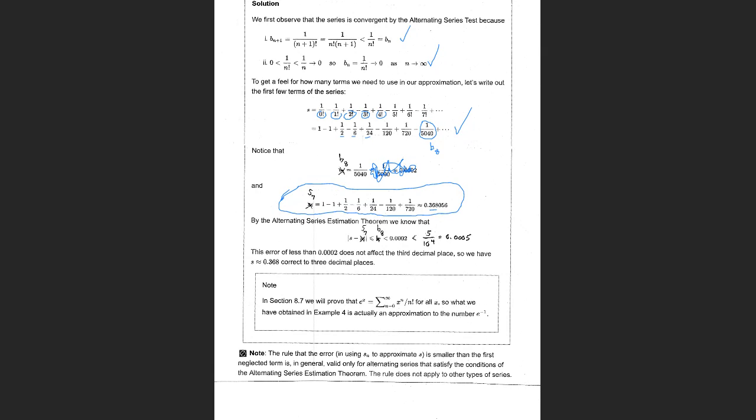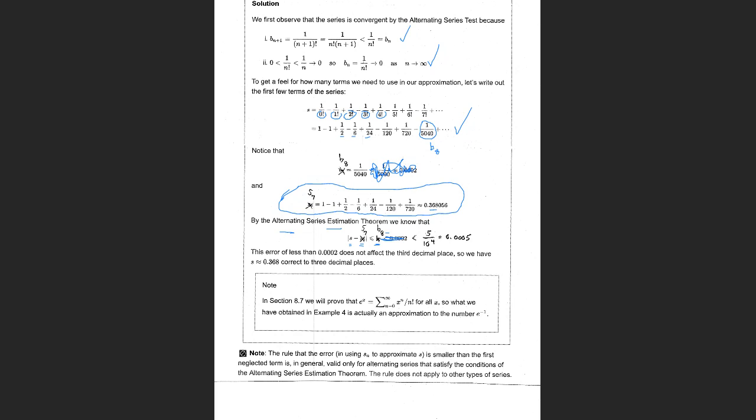Well, by using the alternating series estimation theorem, we can say that the absolute value of the sum of the infinite series S minus the partial sum S sub 7, that's the sum of the first 7 terms, would have to be less than or equal to B sub 8. Now B sub 8, I can take this part out. It's just kind of confusing.